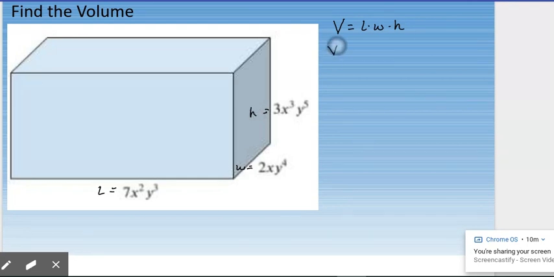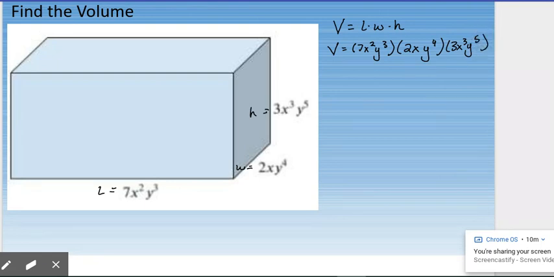Well, plug them in. So I have 7x squared y to the third times 2x y to the fourth times 3x to the third y to the fifth.